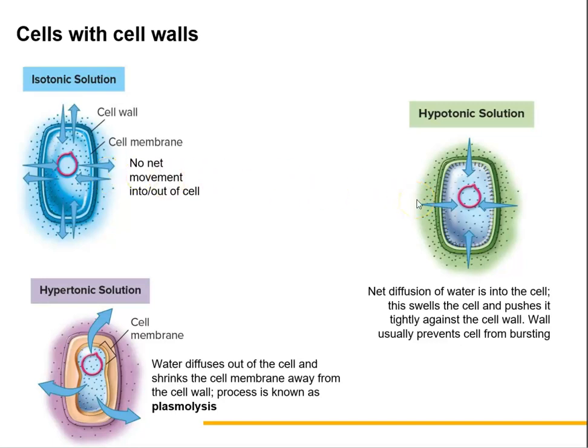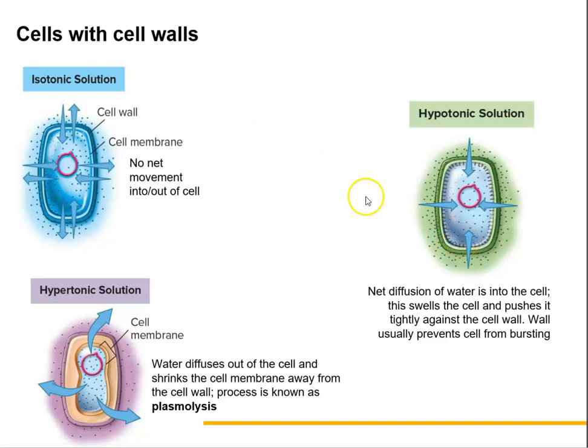Let's say you take the bacterium and you place it in a hypotonic solution instead. So the solute concentration inside of the cell is higher than the solute concentration outside of the cell. Well, water is going to diffuse into the cell, and that's going to cause the cell to swell. Now, in animal cells, usually this, if you have enough influx of water, can cause the cell to burst.